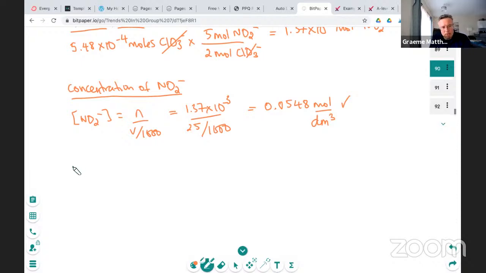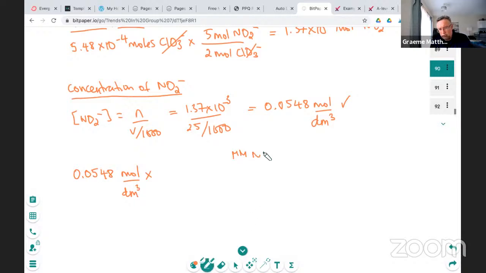So let's see, you've got 0.0548 moles per decimeter cubed, like so. And the molar mass, I'll put up here, the molar mass of sodium nitrate, NaNO3, no, it's not, that's NO3.